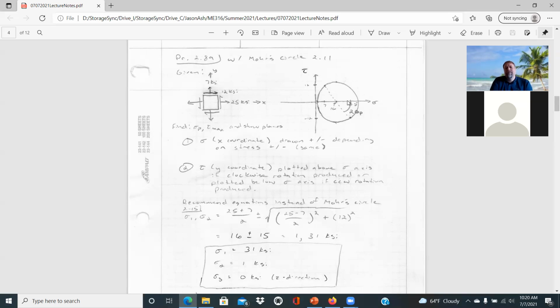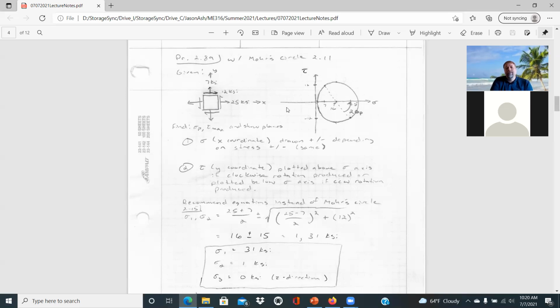And then the question always was, well, where do you plot the shear stress? We have 12 KSI, one needs to be plotted above the axis, one needs to be plotted below the axis. And it wasn't until I was a grad student that I learned this trick in terms of plotting the shear stresses. If you look at the orientation of the shear arrows, say if you're looking at your sigma y, if you look at just those two shear arrows, that would cause a clockwise rotation.